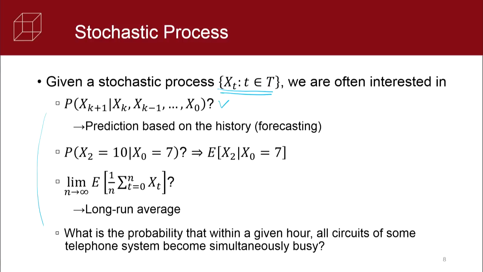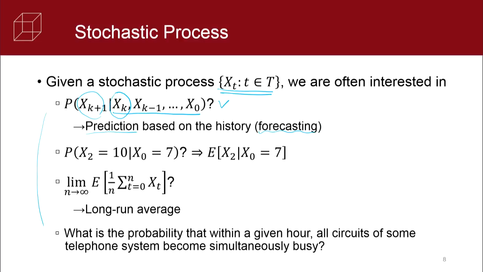In other words, given this history, and given that you are currently at the kth stage, what is the probability that X_{k+1} is equal to a certain value? By using this stochastic model, you can predict the future based on the history. So it can be used as a means for forecasting, right?